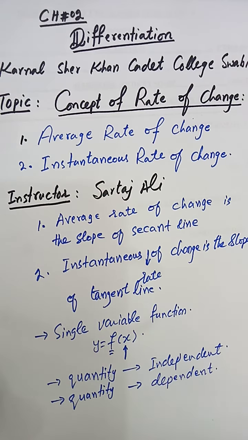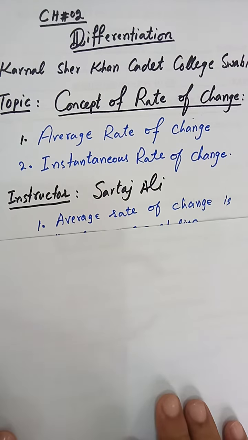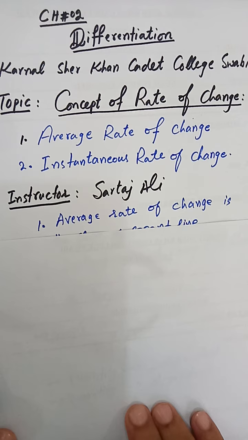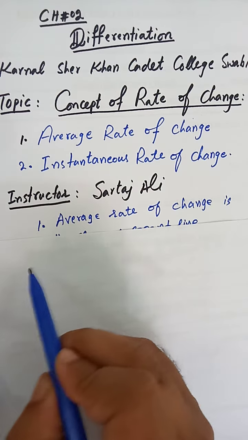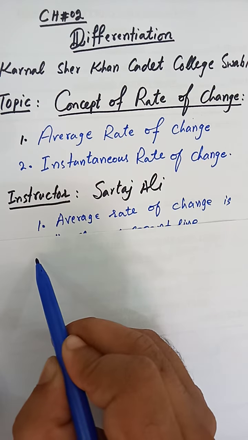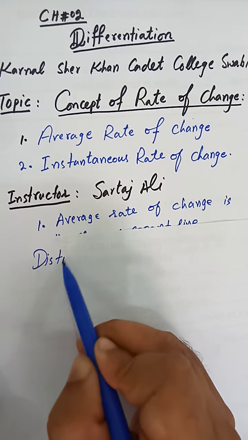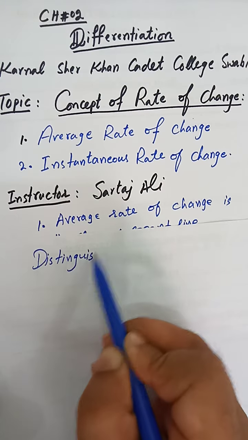First of all, we will discuss how you differentiate between dependent and independent variables. If I consider a real life situation in which one numerical quantity depends on another numerical quantity, first we are going to distinguish between dependent and independent quantities.